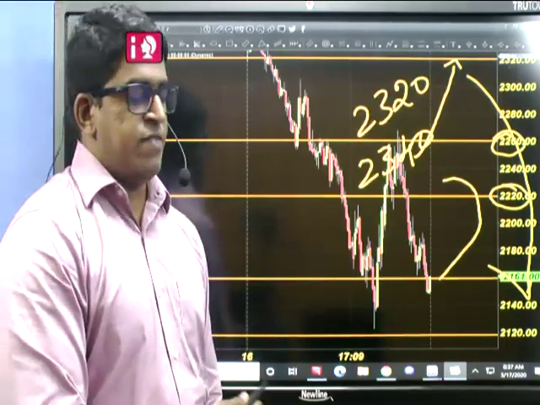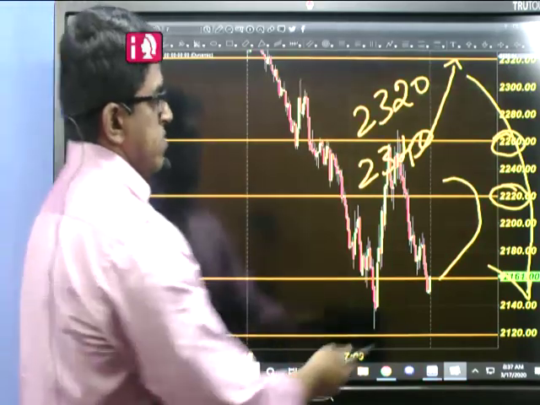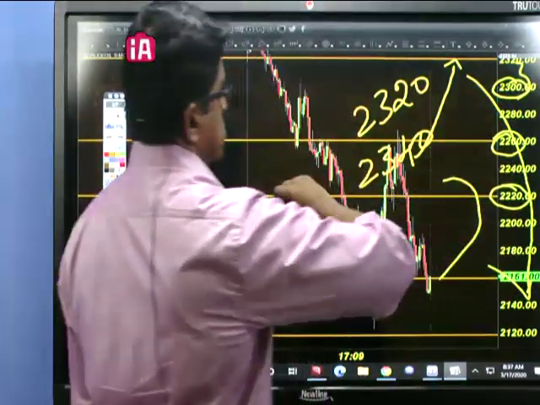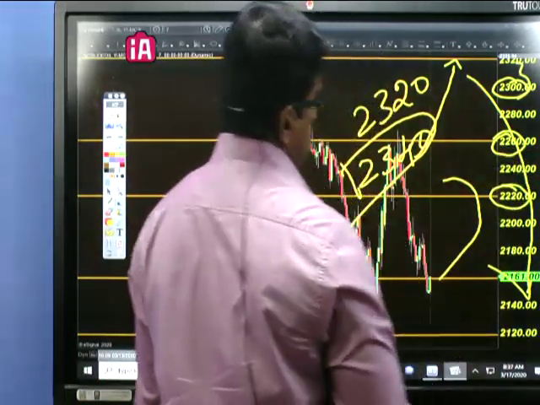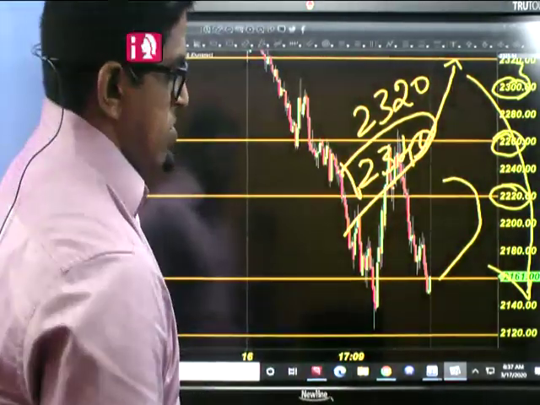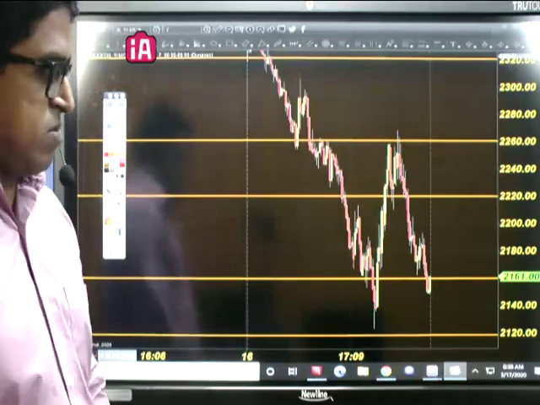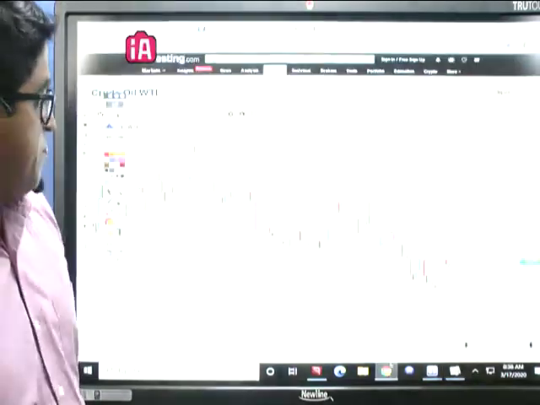So tomorrow and after 19 we have expiry, so we don't want to risk much. Wait for the price to come near 2300, 2320, go for selling by placing stop at 2340, expecting the price to reach 2260, 2200 or 2100, all the supports, all the possible targets. As far as crude oil is concerned, it's quite easy. The price is likely to continue its trend.